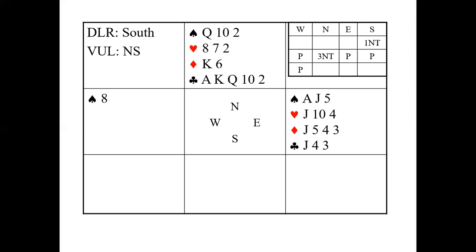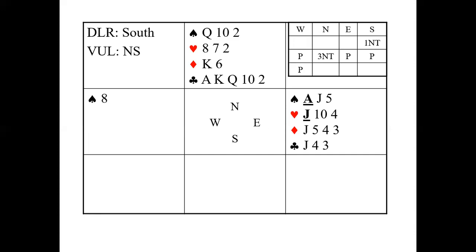Or, because of that strong dummy, you might go for a more aggressive defense, and actually play your ace, which will of course win the trick, and then switch to dummy's weakness. Here, dummy is very weak in hearts, and you've got the Jack 10 of hearts.